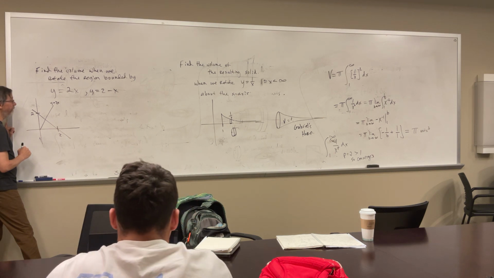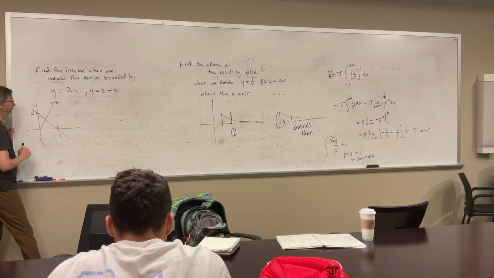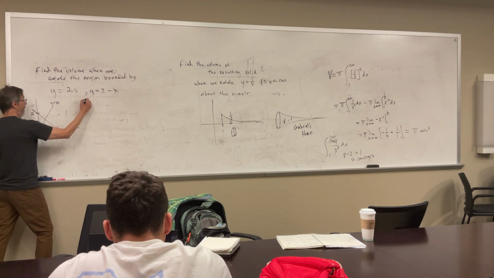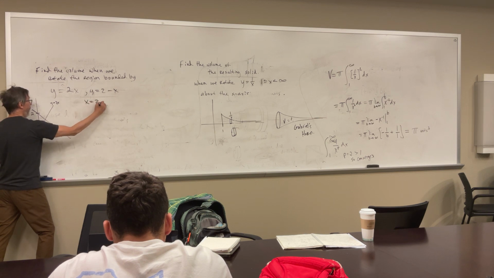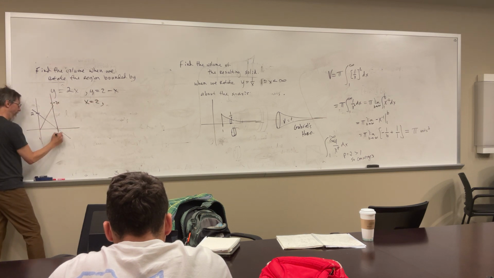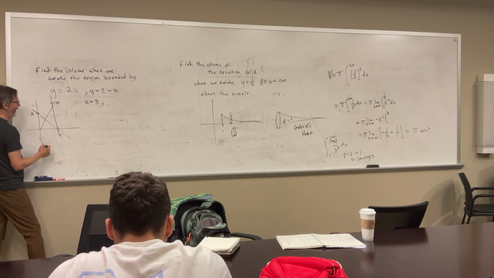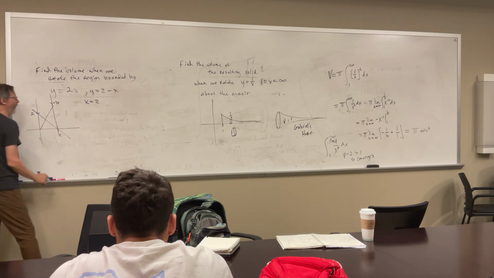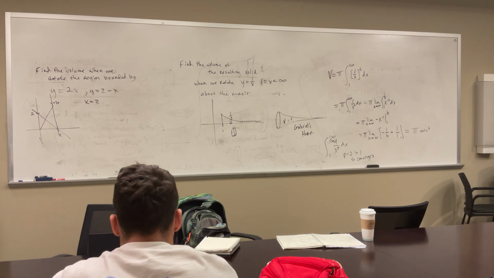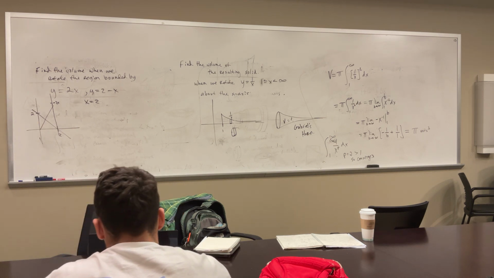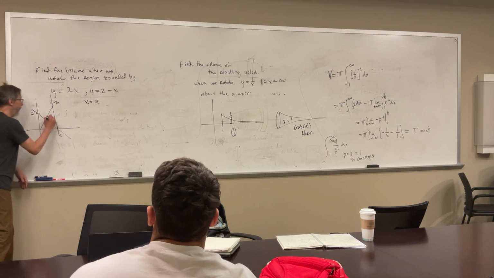We'll figure it out. We probably need to. And then x equals 2. So the region bounded by those three curves. Let's just stop there. In other words, this region right here.